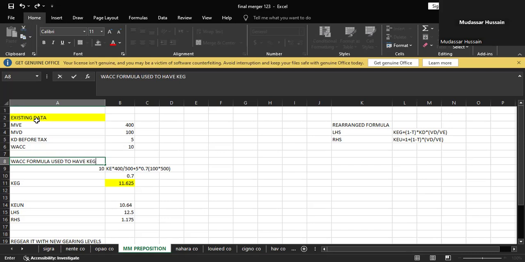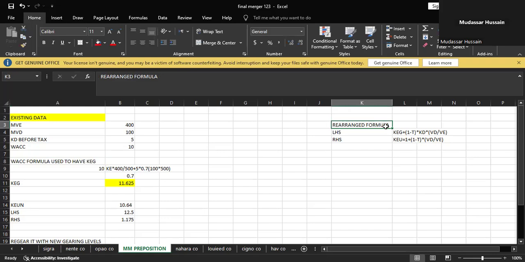Now the first step was, as the gearing levels are changing, first we have to find the ungeared cost of equity. Now I said to you people, with the help of the rearranged formula, we have a left hand side and then the right hand side. In the left hand side, what we are having guys, cost of equity of geared company plus 1 minus t into Kd into value of debt over value of equity.